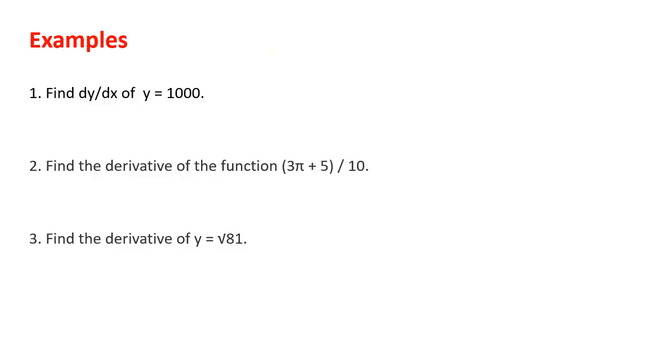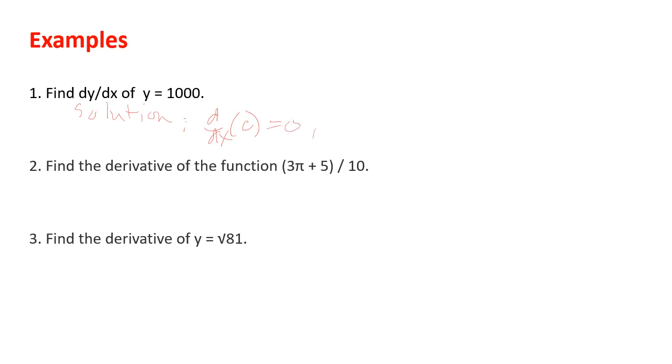So this one, find dy over dx of y equals 1000. Solution here is that, for the differentiation of a constant, the rule is that d over dx of a constant equals 0.